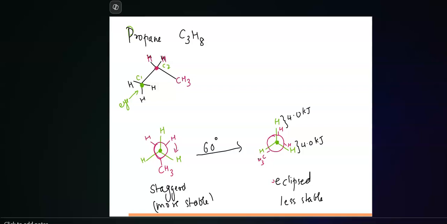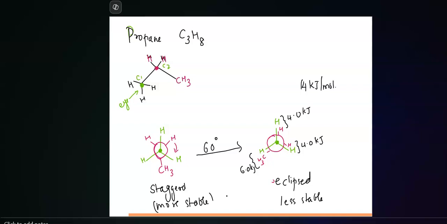But here you have a torsional strain due to interaction between a CH3 and an H. Now CH3 is a larger group, so the torsional strain would be slightly higher, about 6 kilojoules per mole. If you add them up, it comes to 14 kilojoules per mole.